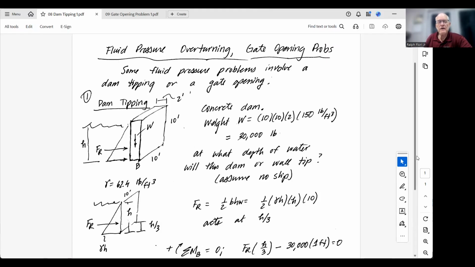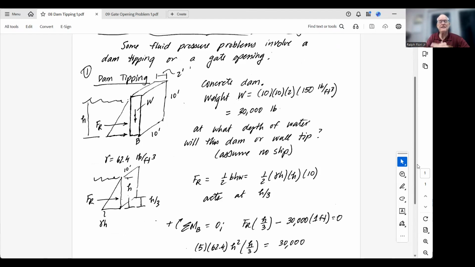And if you build what's called a gravity dam, it basically relies on its own weight to prevent water from escaping. And technically speaking, if that dam is relatively high with a narrower base, it actually could tip too.